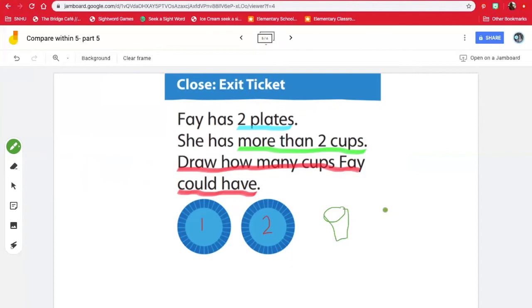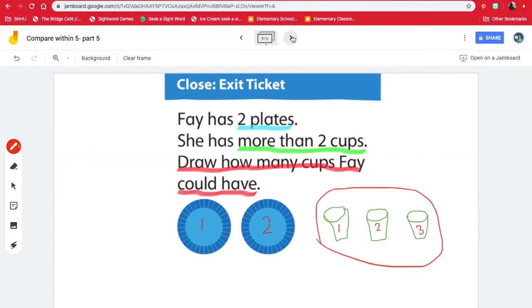I'm not the best, but I'm trying. So 1, 2, 3. I already have more than 2. 1, 2, 3. So there are my cups.